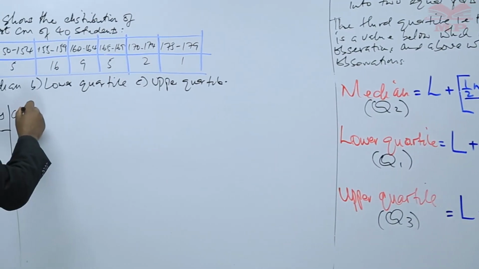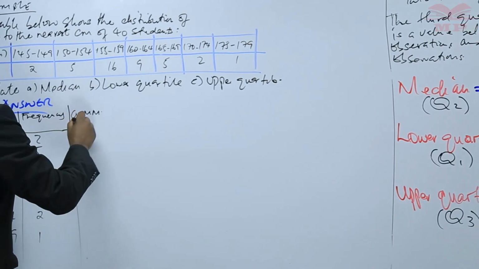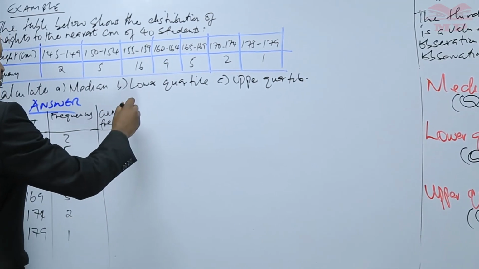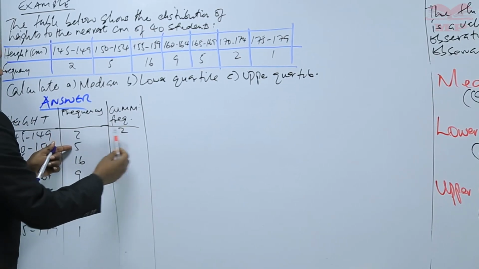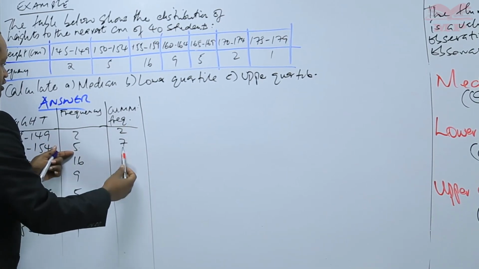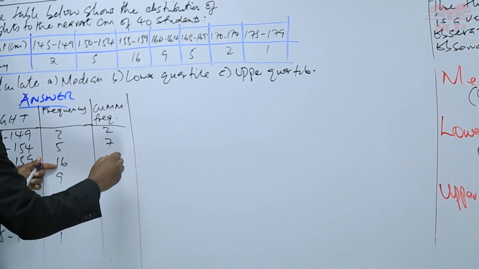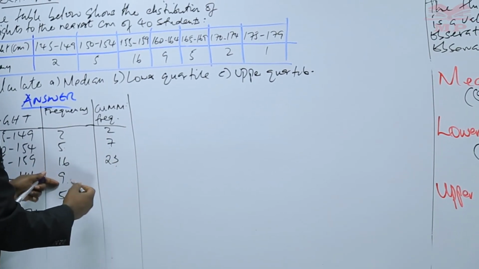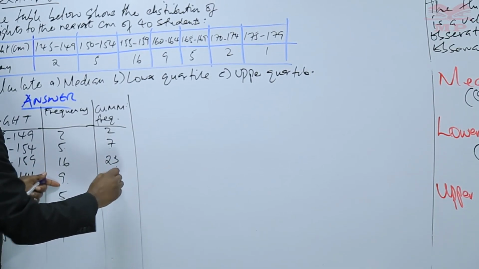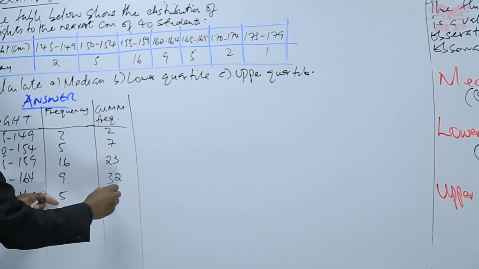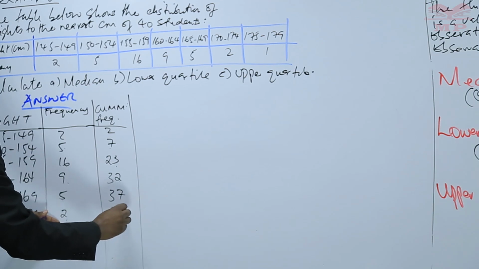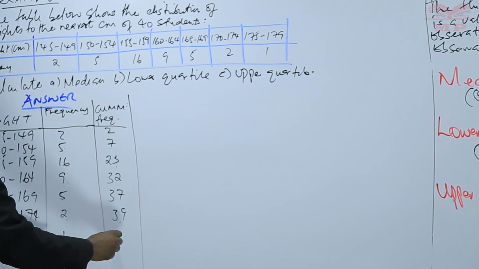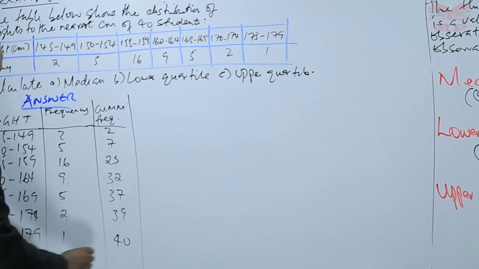This is the cumulative frequency: 2 plus 5, 7; 7 plus 16, 23; 23 plus 9, 32; 32 plus 5, 37; 37 plus 2, 39; 39 plus 1, 40. And we saw that the total number of students is 40.